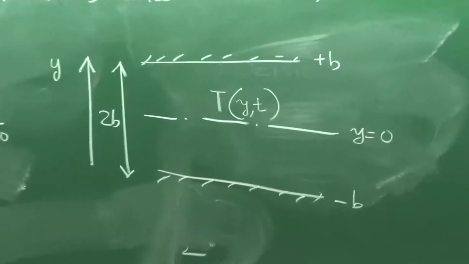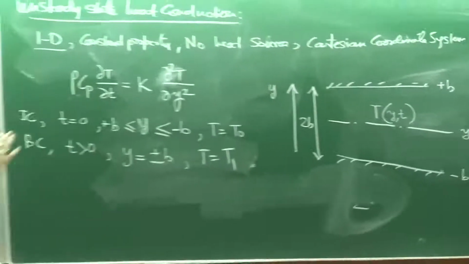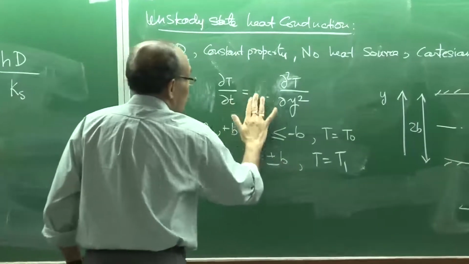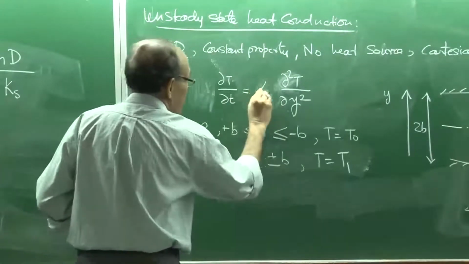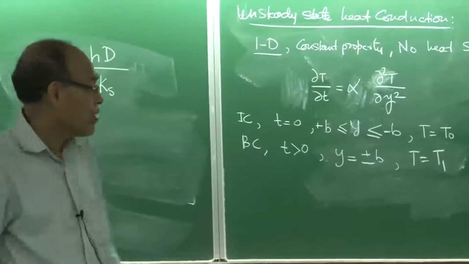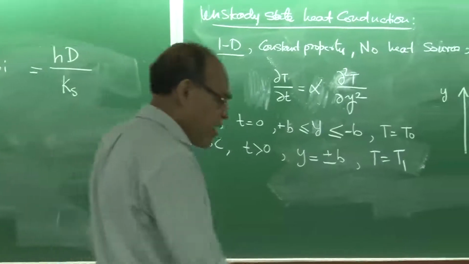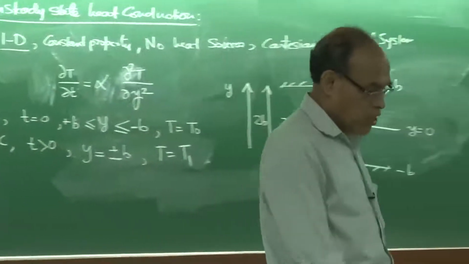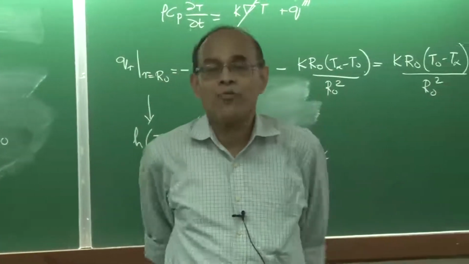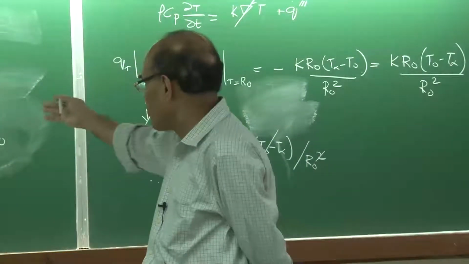In this, rho, Cp, K, the thermal conductivity, are known, and I can also write this equation using the thermal diffusivity. If you remember the definition of thermal diffusivity that I have introduced as alpha, K by rho Cp is the thermal diffusivity. So, that is also one possibility. Many times it is good to work with a non-dimensional form of the equation, because I have posed the problem.